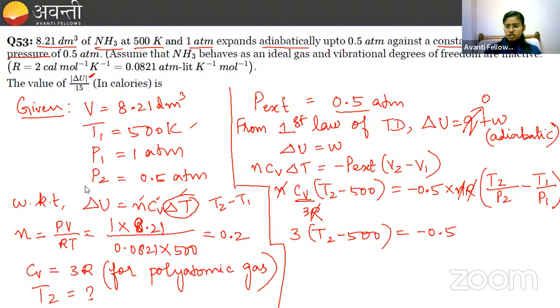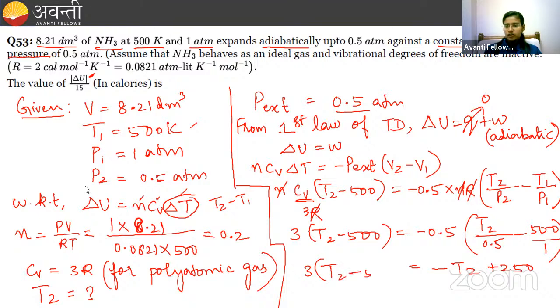T2 is the one which we have to find out. Now if we solve this by taking the LCM and all, we will get minus T2 plus 250. And here I have 3 T2 minus 500.